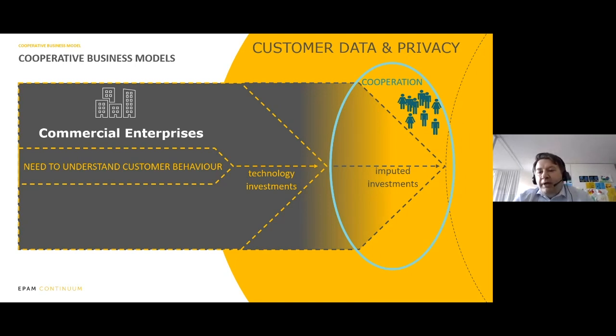And maybe help the enterprises avoid additional investments, at the same time protecting our privacy and data.